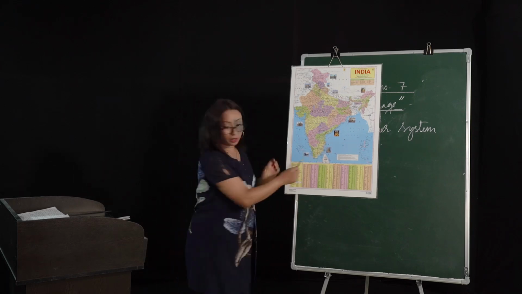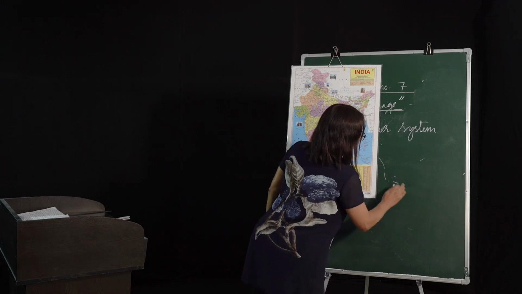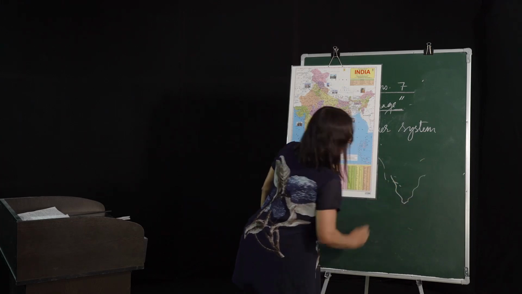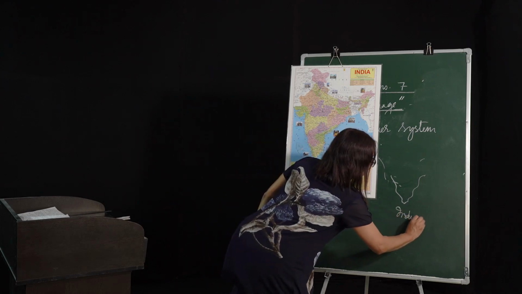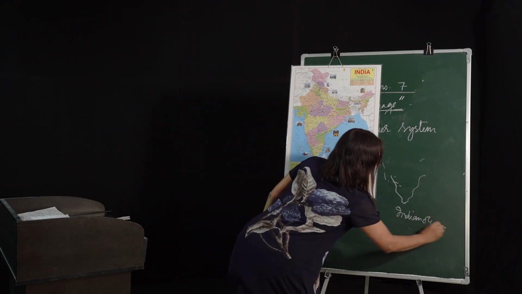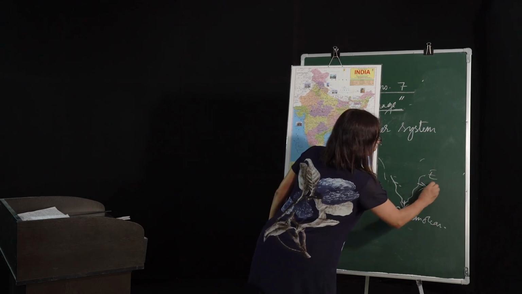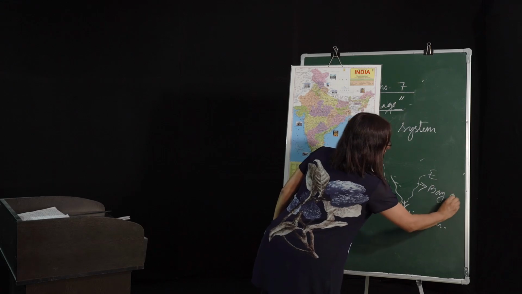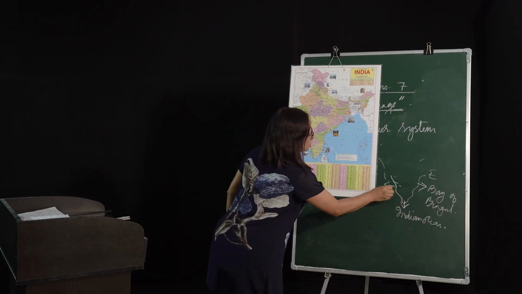So, this area is a peninsula. We have the Indian Ocean here in the south, the Bay of Bengal in the east, and the Arabian Sea in the west.